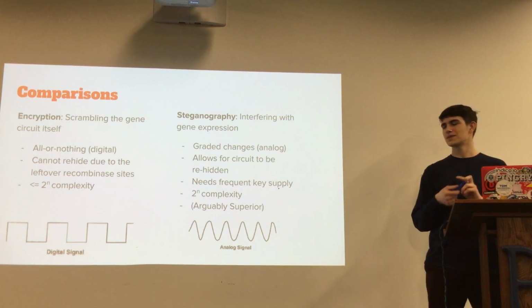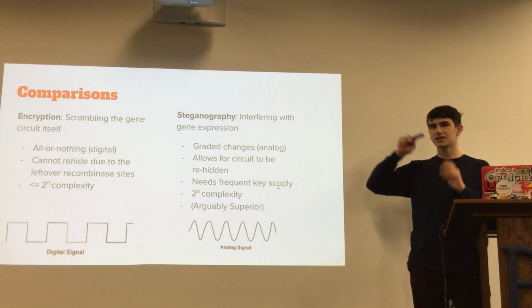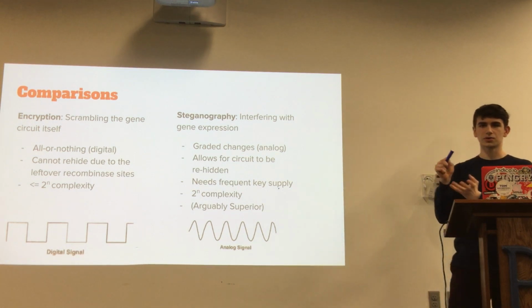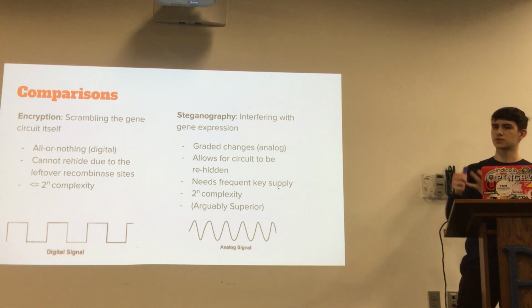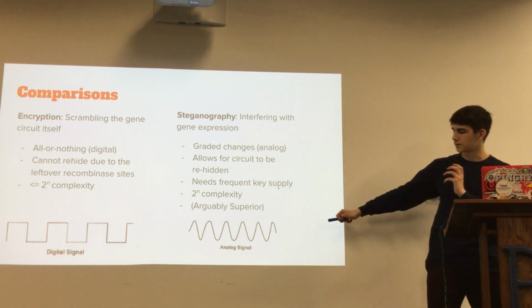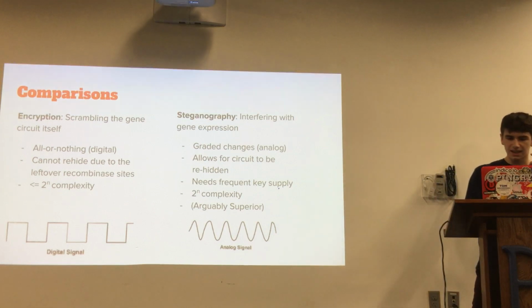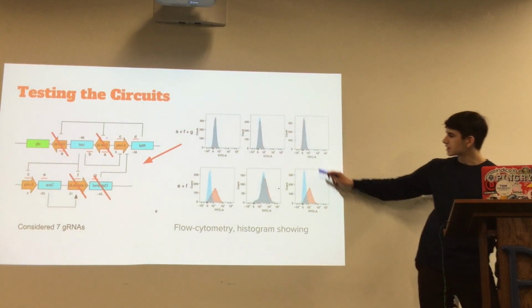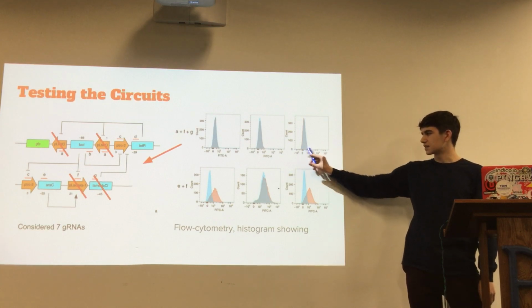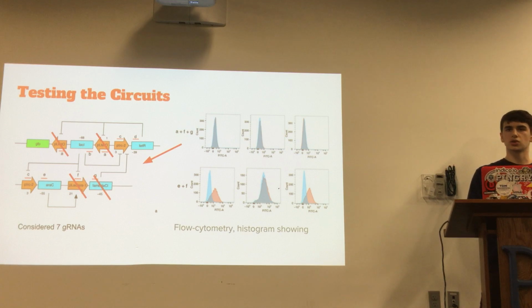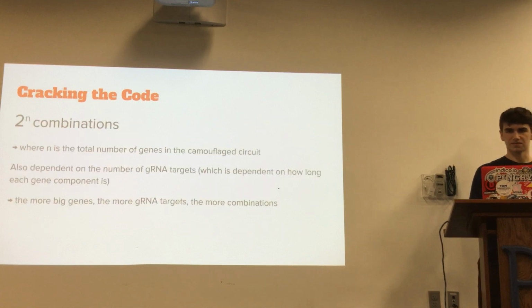Essentially what that means is in digital computer science, there's only 0 and 1, right? There's not going to be these in-between values. Meanwhile, with steganography, you can have more graded changes, and you can see that in the graph. You can have all these different types of fluorescence. Meanwhile, with the other one, it's really all or nothing, because you can totally mess up the genes very easily.